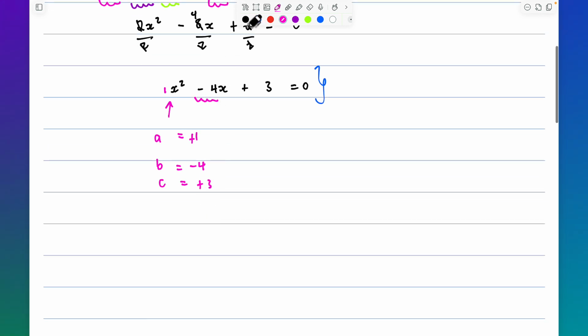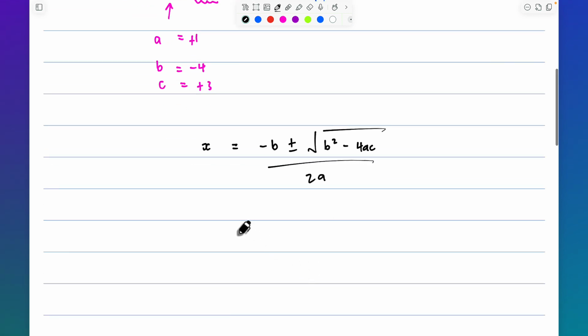So now once we have those, we then say, okay, in order for us to solve for x, we're going to use the quadratic formula: negative b plus or minus the square root of b squared minus 4ac, over 2a. So now we can substitute our values, right? So that's going to be negative b, so that's negative 4, which just gives you positive 4.